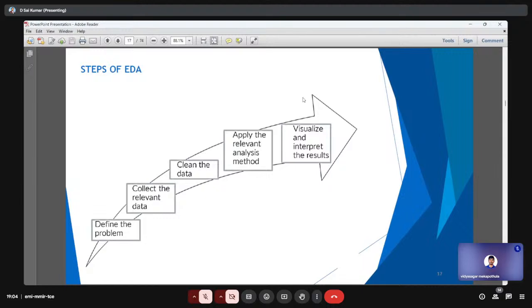Then comes data cleaning, where we see whether any data is missing and check whether there are any errors. These techniques are applied in the data cleaning process. The tasks include duplicate checking, error checking, and missing values checking.